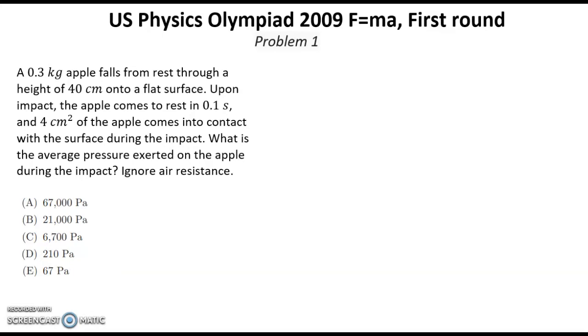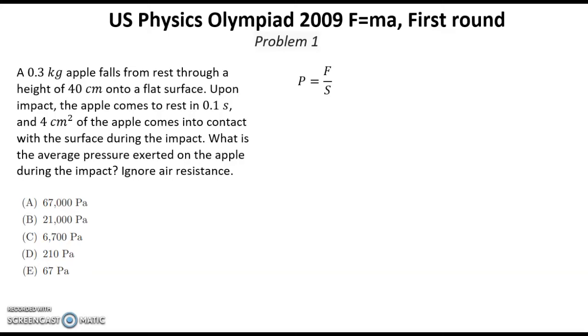So let's go straight. First, to find the average pressure, we need to use the formula: pressure equals average force over area of this impact. To find the force, we need to use Newton's second law.